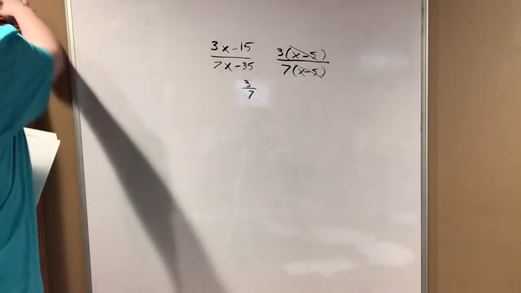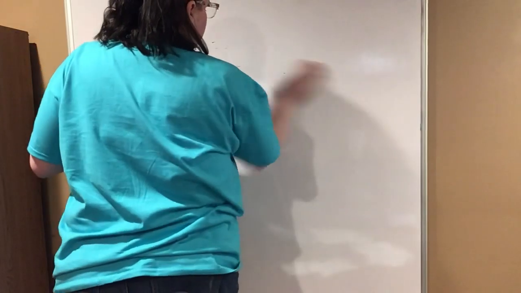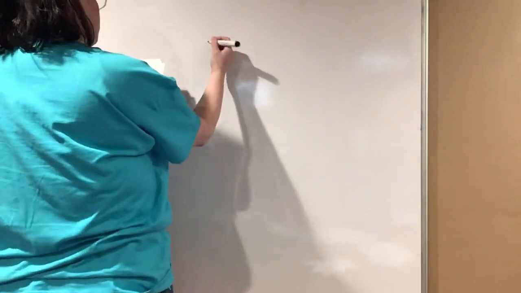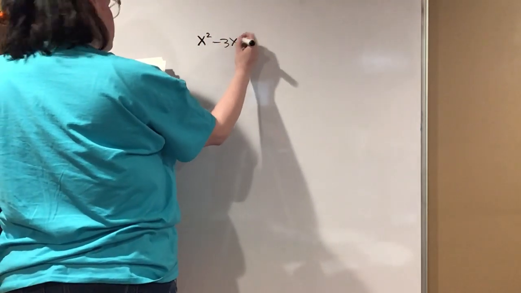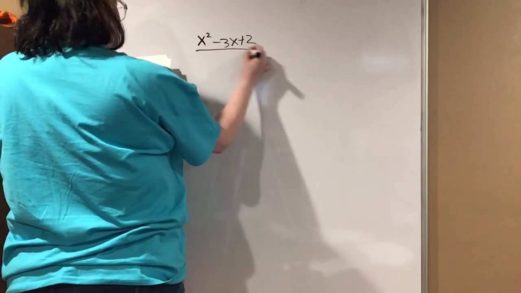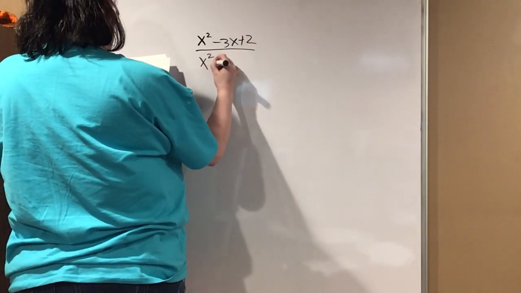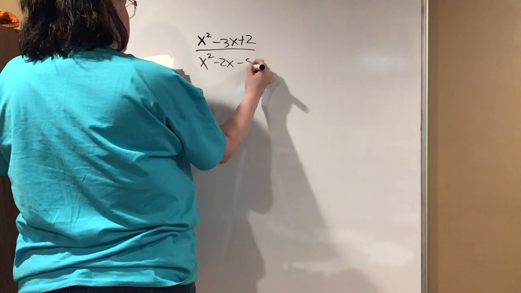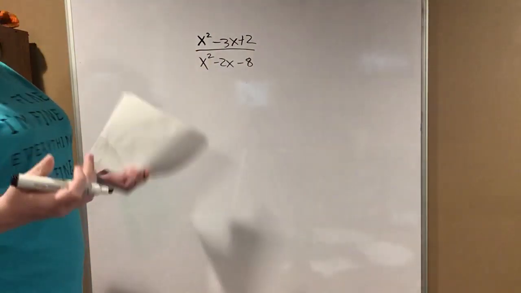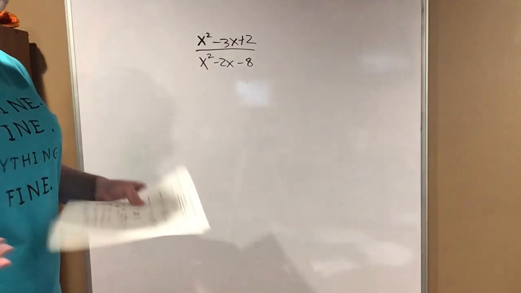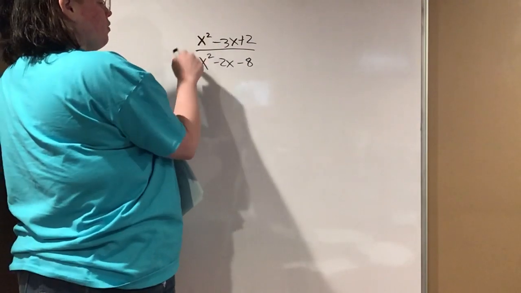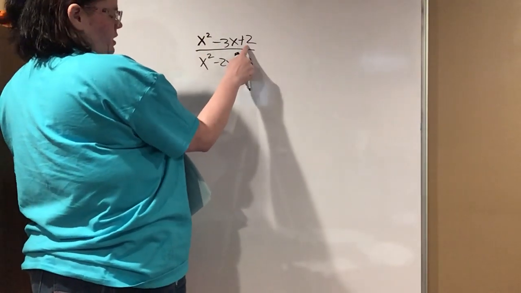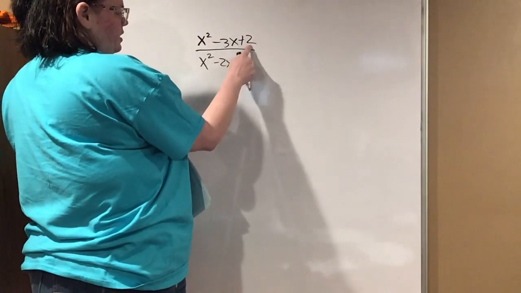These are called rational expressions. So, if we're given one like this, where we have x squared minus 3x plus 2 over x squared minus 2x minus 8, again, look at these like they're separate entities. Let's look at the top one first. We multiply our a times our c, so a times c is 2.